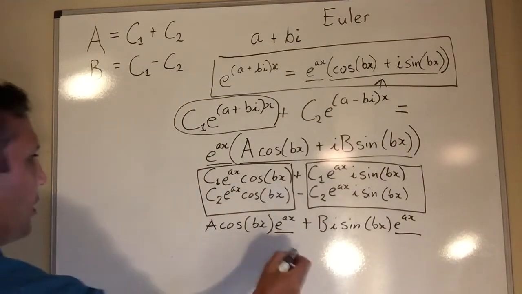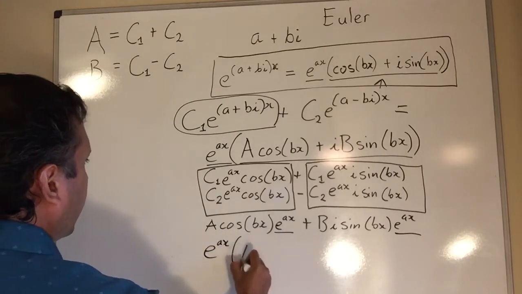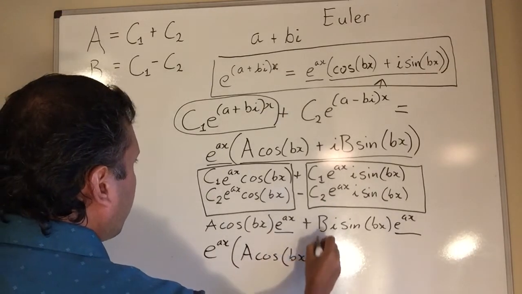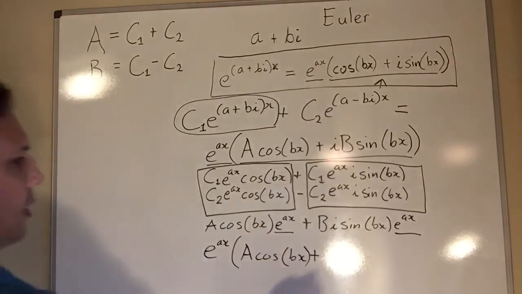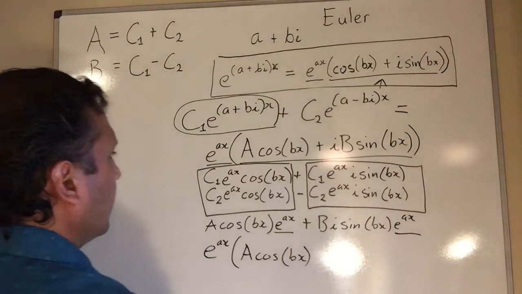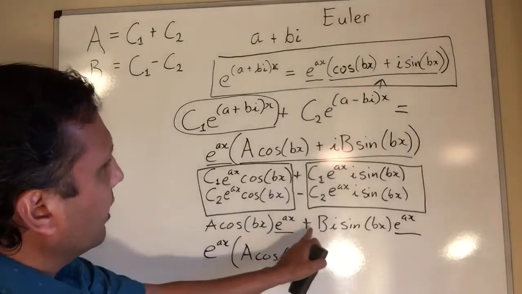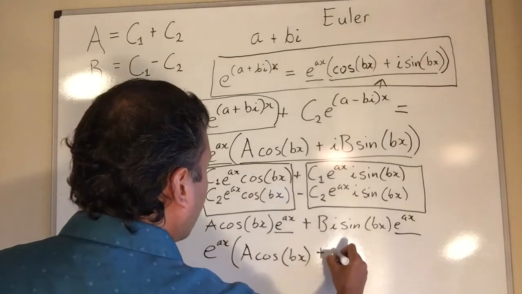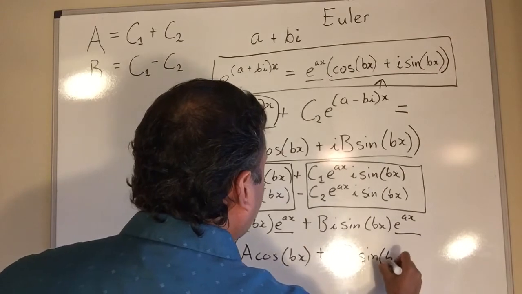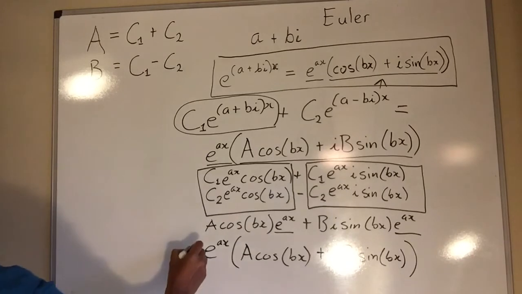So what I can do is now write e to the ax multiplied by a cos bx plus, I can now bring the i to the left side of the b sine bx, and close the parentheses. And now I've gotten this expression.